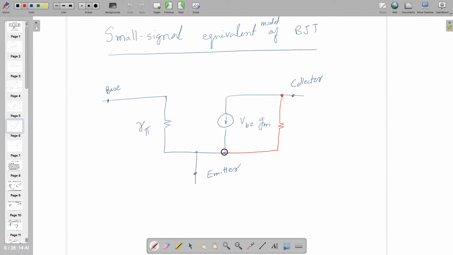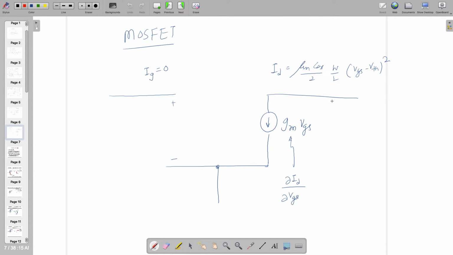You can add that one here, and let's call it RO. This is because of the Early effect, and it's known as the Early effect resistance. Or you can add here one more resistance and name it RO and call it the channel length modulation resistance.